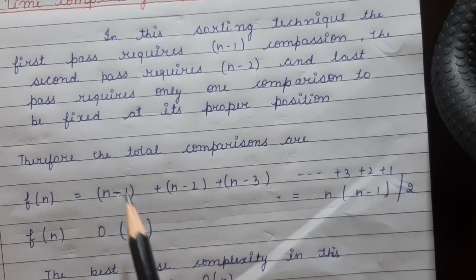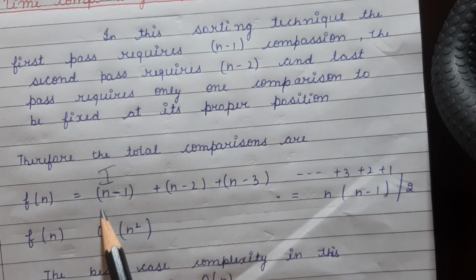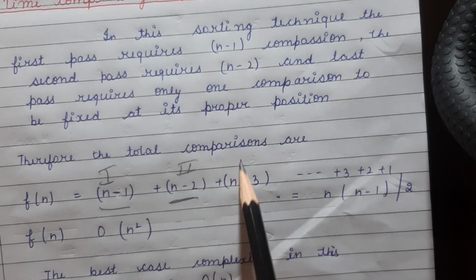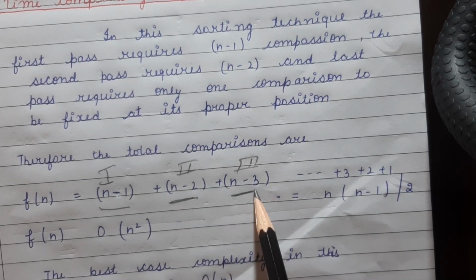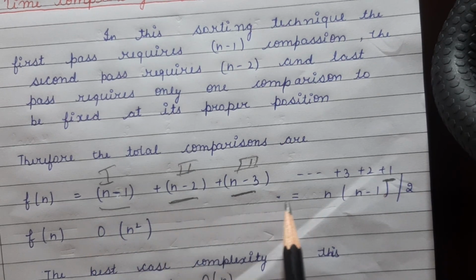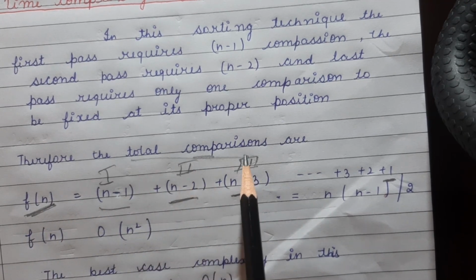If you analyze here, in pass 1, how many comparisons are required? n minus 1. In pass 2, n minus 2. In pass 3, n minus 3. In the last pass, only 1. This is the general way by which we write this for finding the total comparisons.